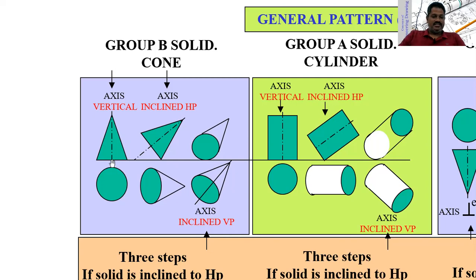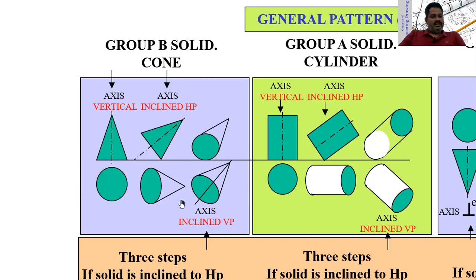Of course, in this case, it is a definite length. Then take a compass, intersect the center line to get the apex, then join these to get the triangle at the desired angle with the HP, and project all these points down to get the top view of the inclined or twisted cone.